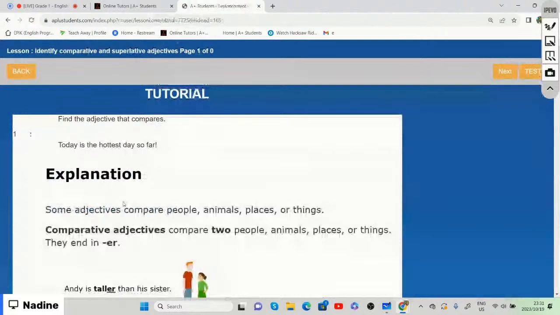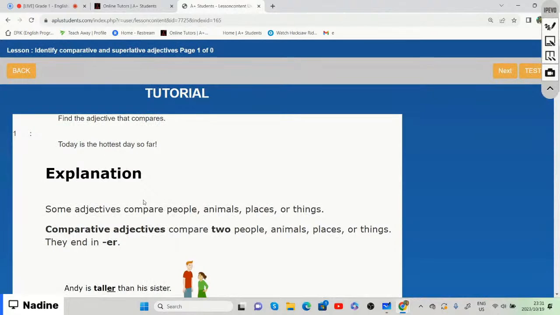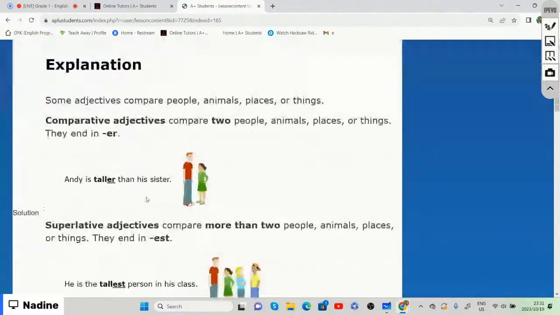Yeah, so well done. That bird on top was the smallest. So once again, we see that some adjectives compare people, animals, places, or things. And we see it with the comparative adjectives, which compare two people, places, animals, or things. They end in er.